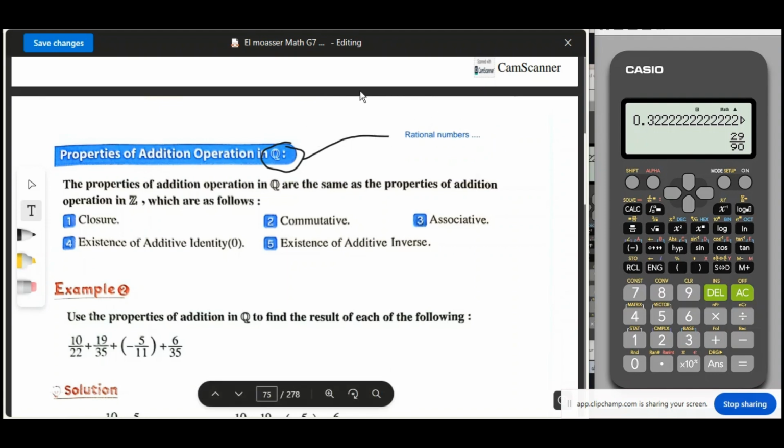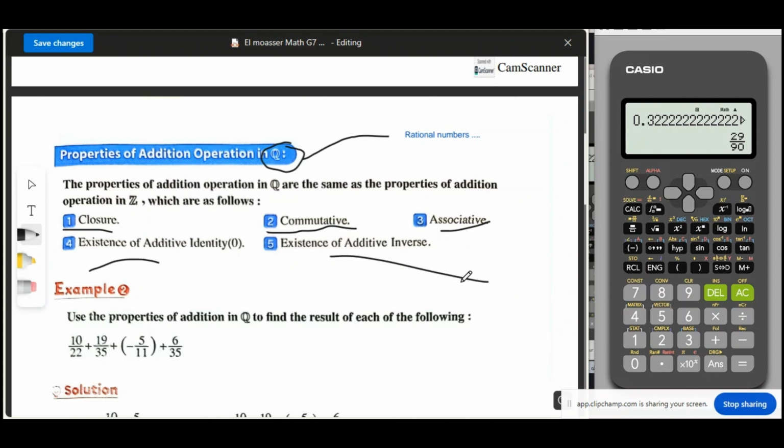You should not forget. You remember, like a minute ago or some minutes ago, I told you that Q is rational numbers. So addition. Remember in the last lesson we took closure, we got commutative, associative, this and this. We took this in the last lesson.